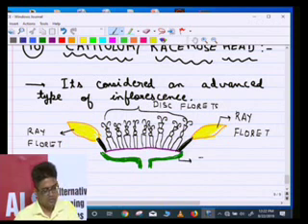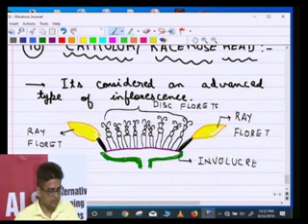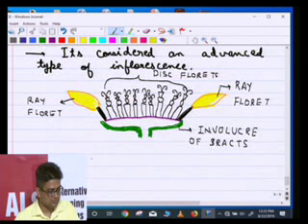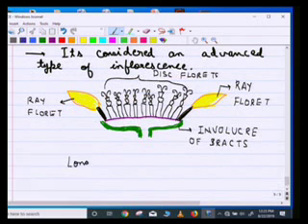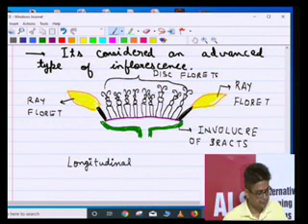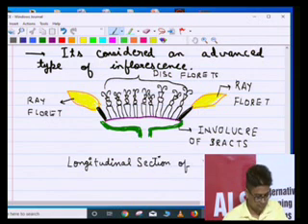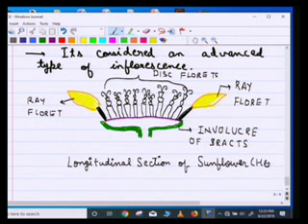This is the involucre. This green structure is called the involucre of bracts. This is the longitudinal section of sunflower, or head.